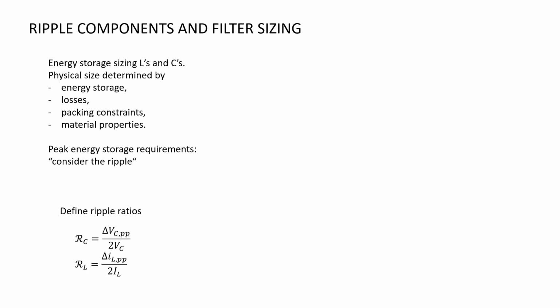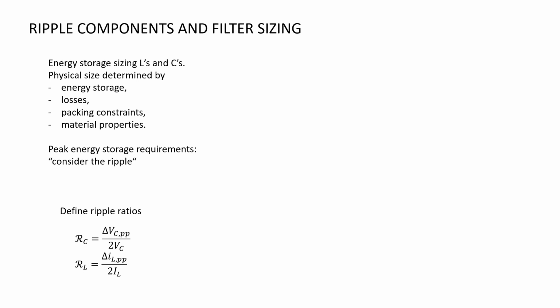We use this terminology. You can see here the term ripple ratio. When you design a converter, you know the source that you have, for example a 24 volt battery, and you know the load operates at a certain voltage, for example 12 volts, 5 volts, or 3.3 volts.